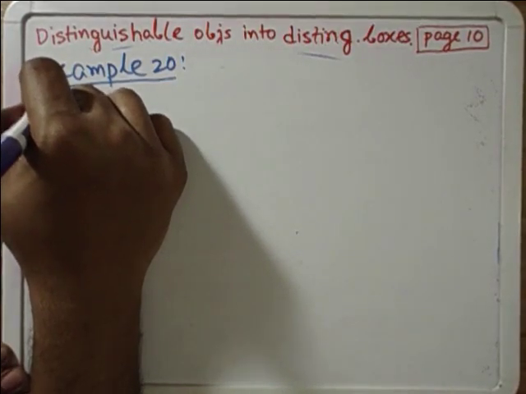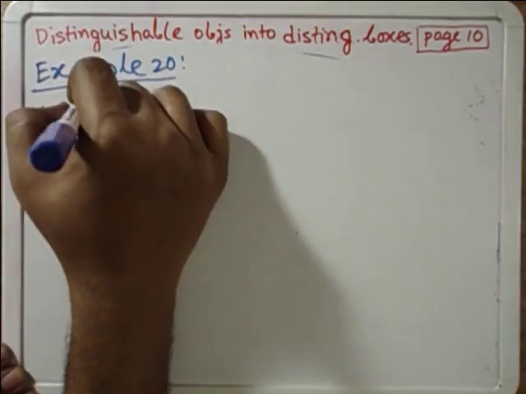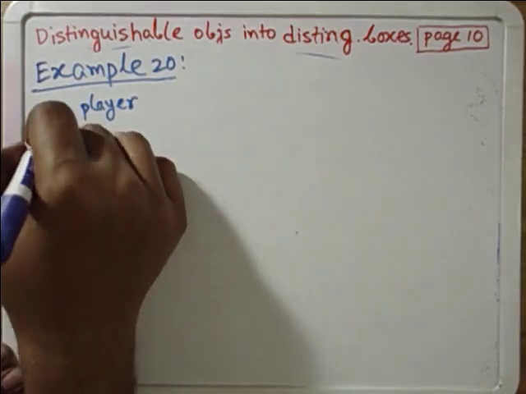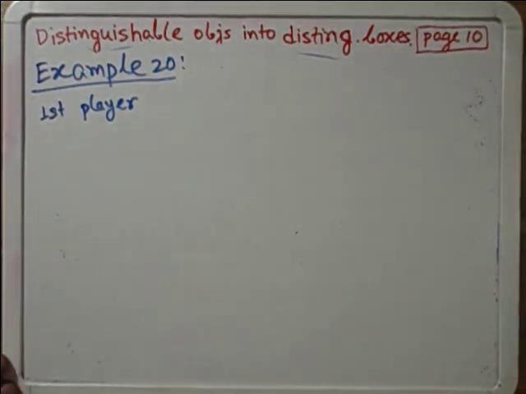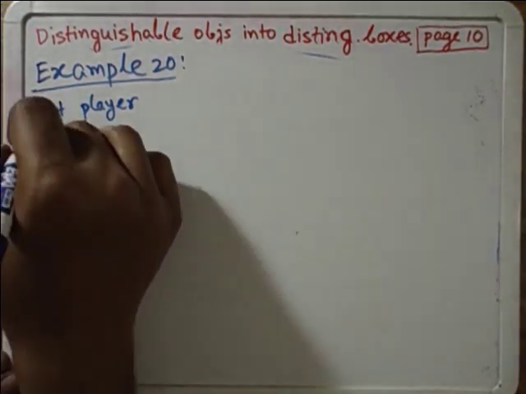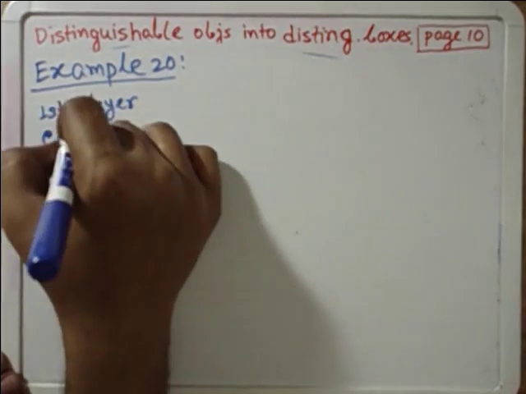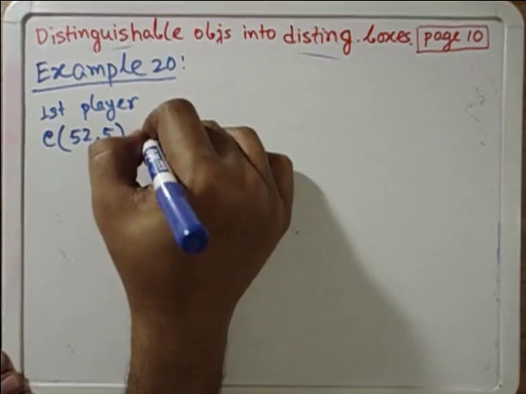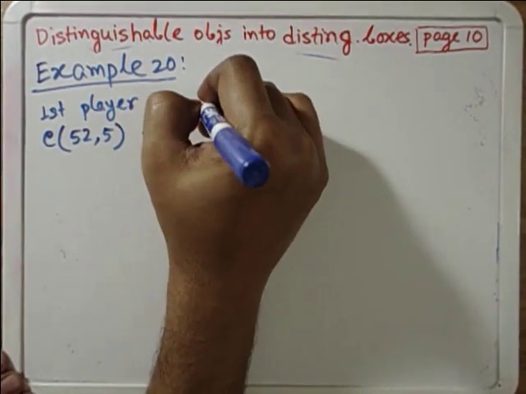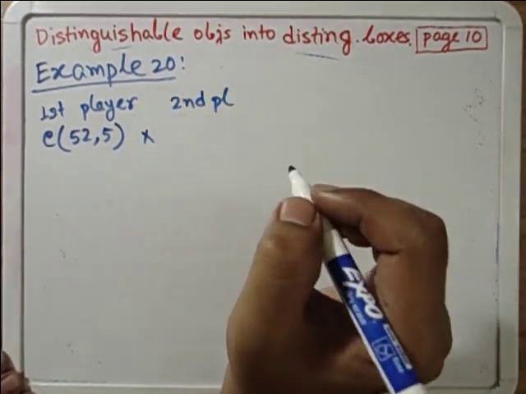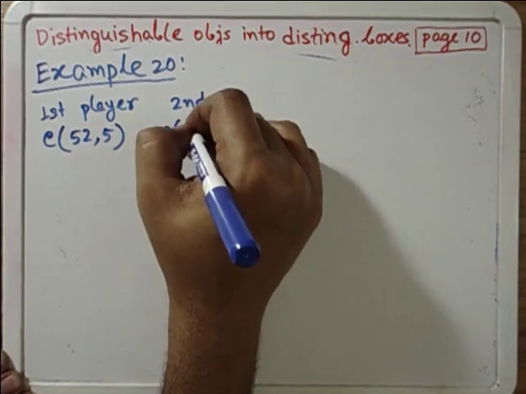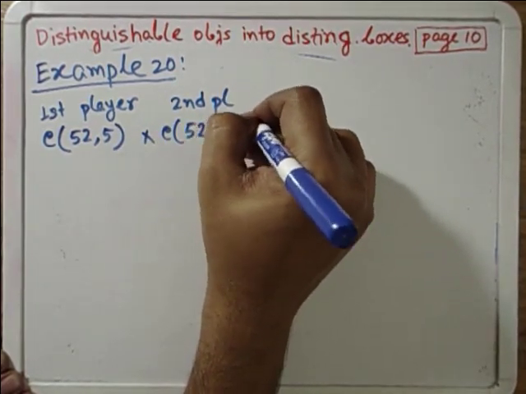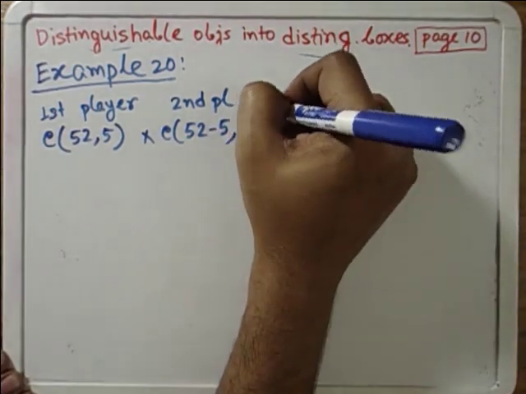For the first player, we have a total of 52 cards and we choose 5 for that person, times, for the second player, how many cards are left? 52 minus 5, and we choose 5 for that person.